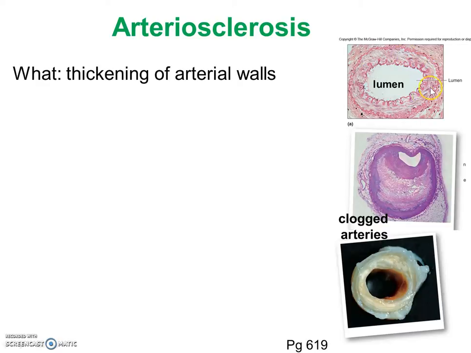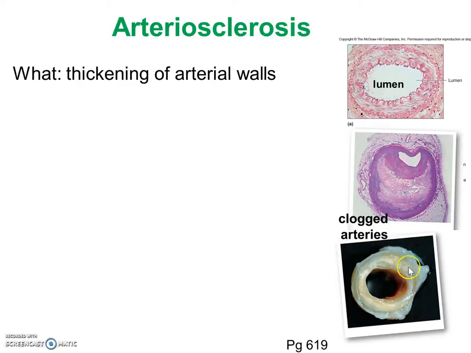And then here's the arterial wall. Compared to here, notice the lumen is really, really small. And all of this right here is a buildup, like for instance, plaque, building up inside the arterial wall. And so the arterial wall is thickened. Of course, now the problem is the lumen is so small, it's hard for blood to pass through.